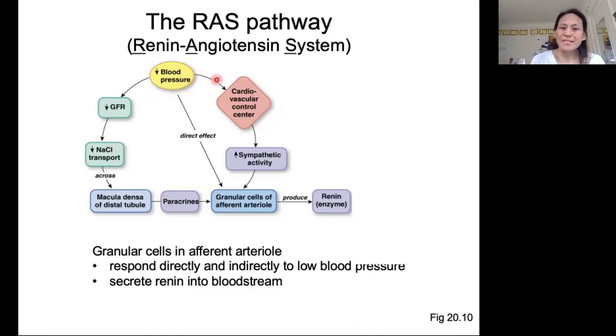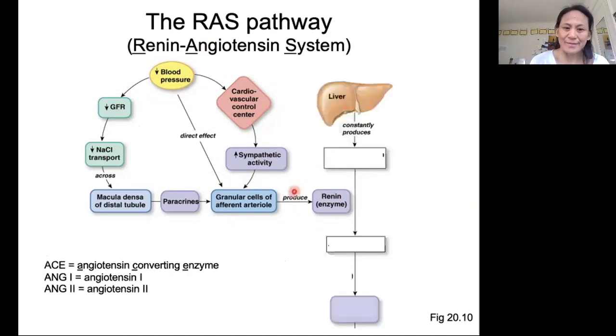Don't worry about the details of how they indirectly sense low blood pressure, but they do. And then in response to that low blood pressure, they're going to secrete an enzyme called renin. What does renin do? That is described in the next slide.